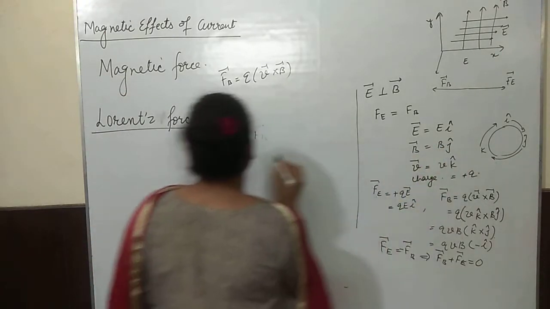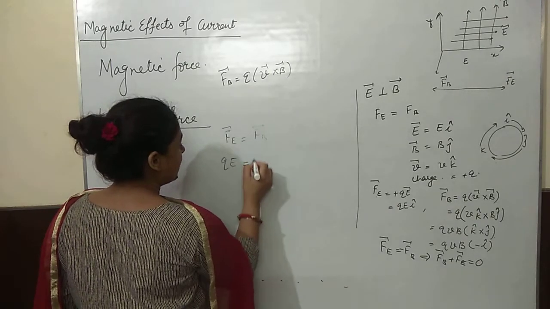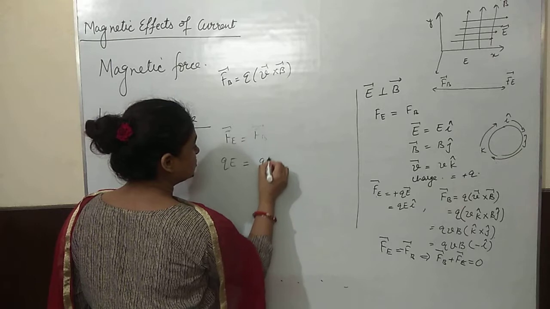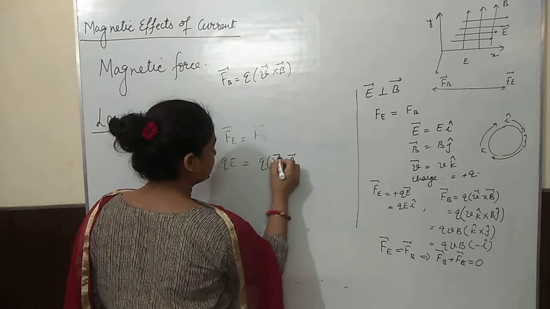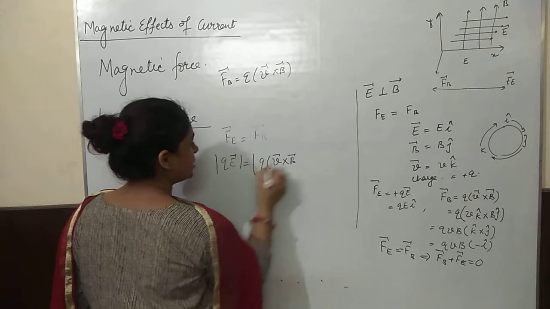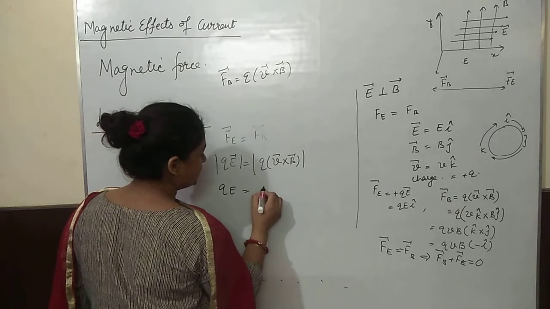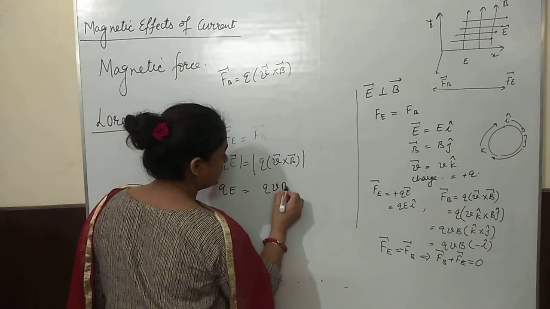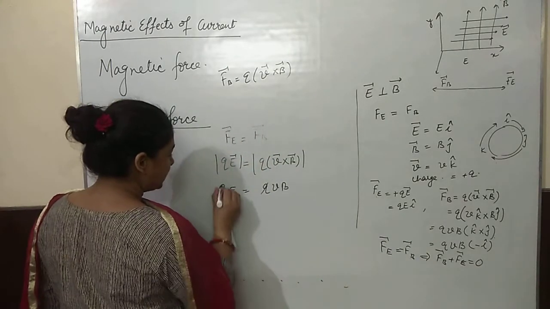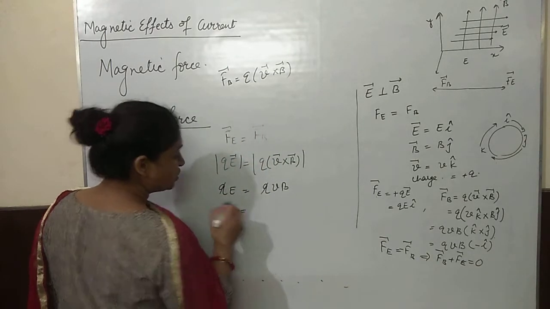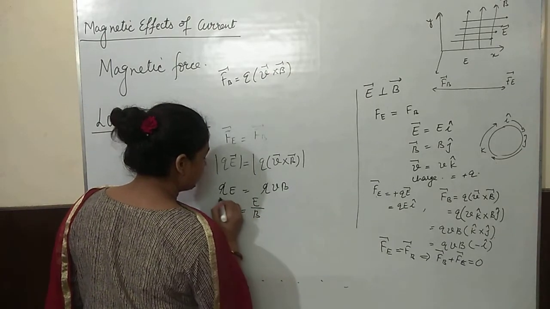Electric force is q times E. Magnetic force is q times v cross B. We are talking about magnitudes, so magnitudes would be qE and qvB. Now q would get cancelled, and what would be the velocity of the charged particle in this condition? E over B.